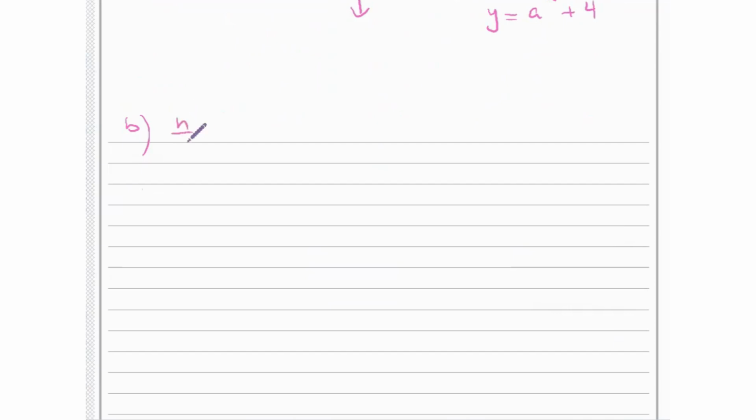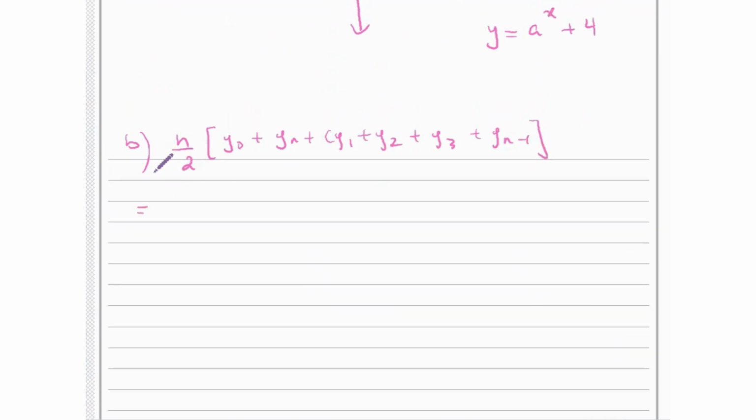Okay, so we know that it's going to be h over 2 times (y0 + yn + 2 times (y1 + y2 + y3 and so on till yn−1)). This is your formula. So h is going to be the difference of two consecutive x values.